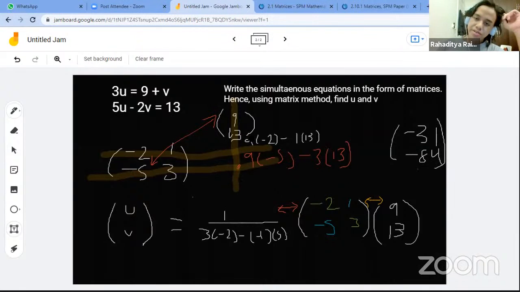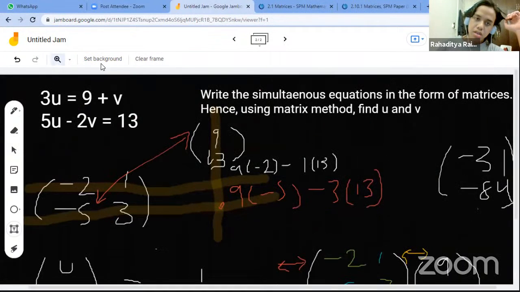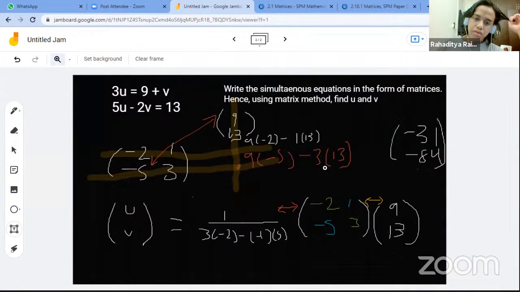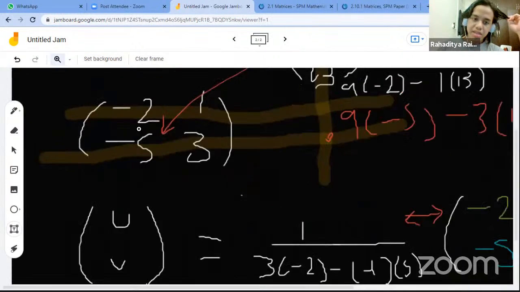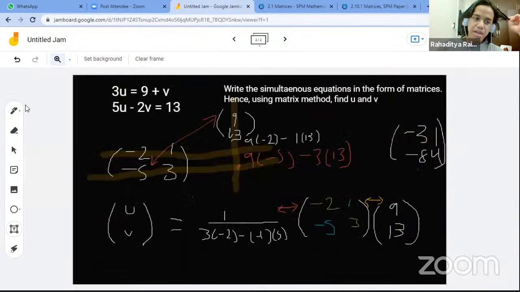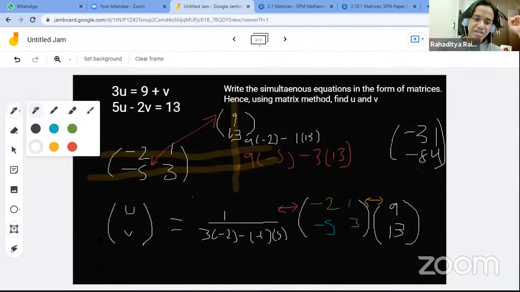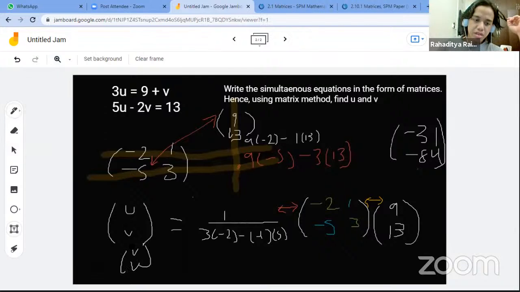And now once you're here, this means that UV is equal to 1 over, you can just calculate this on your own, which will be -6 minus -5, which is plus. You get -1 over, wait, what? -6.